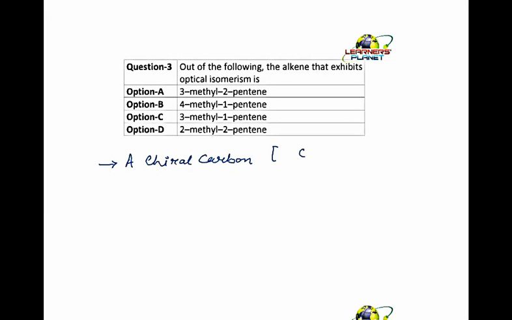What is a chiral carbon? A carbon to which 4 different groups are bonded. Like, say, there is an OH group, it can be hydrogen, there is CH3, and there can be COOH. So this is a chiral carbon.